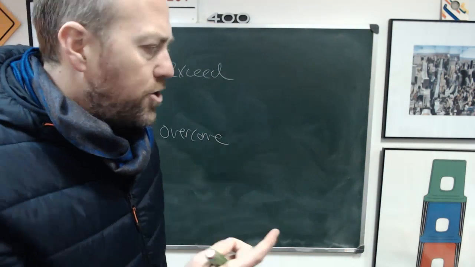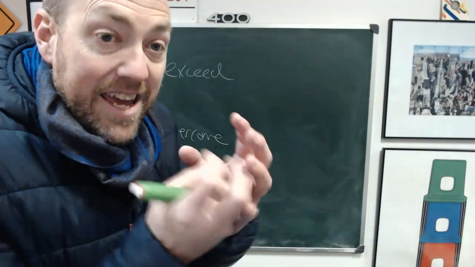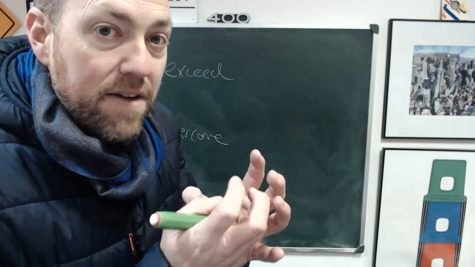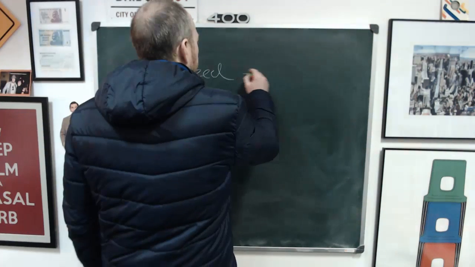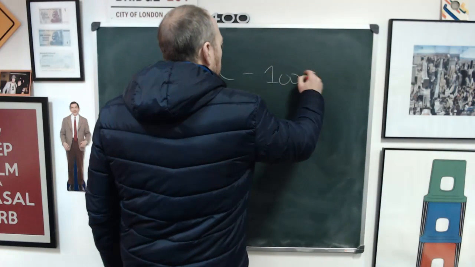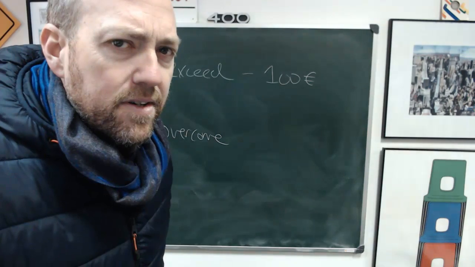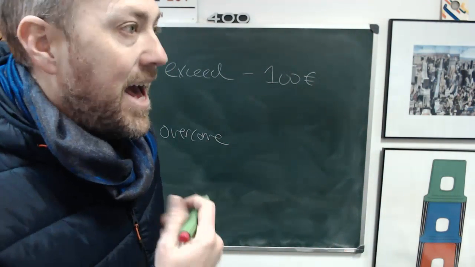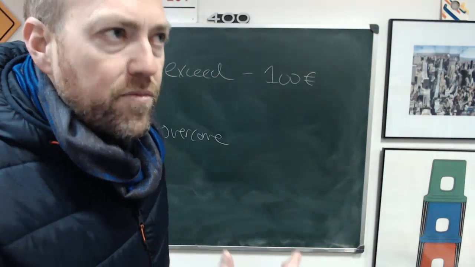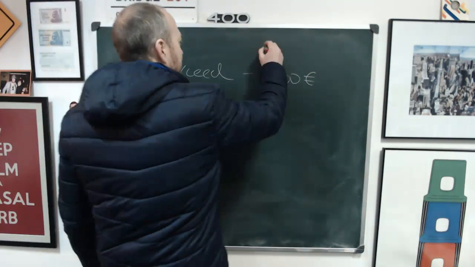So imagine that you want to save 100 euros. Okay? You want to save 100 euros. This is your expectation. But at the end of the month, you have 150 euros.